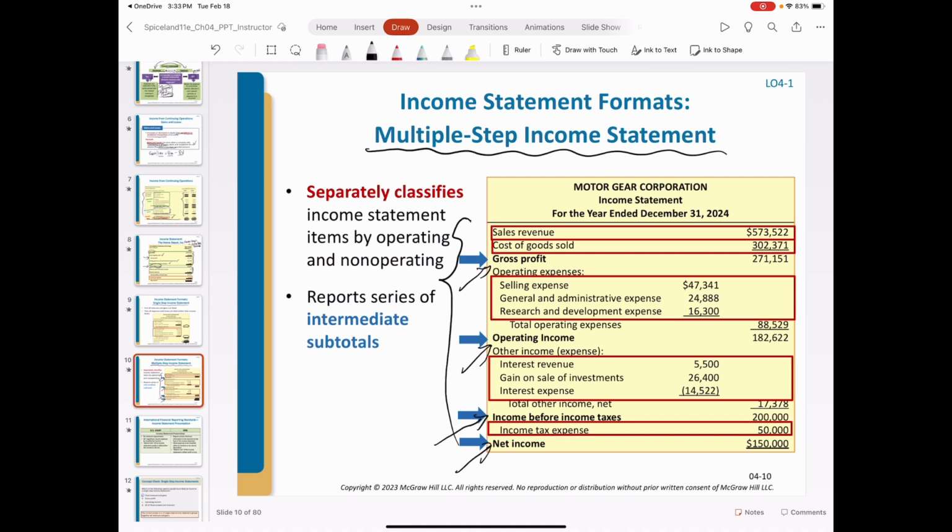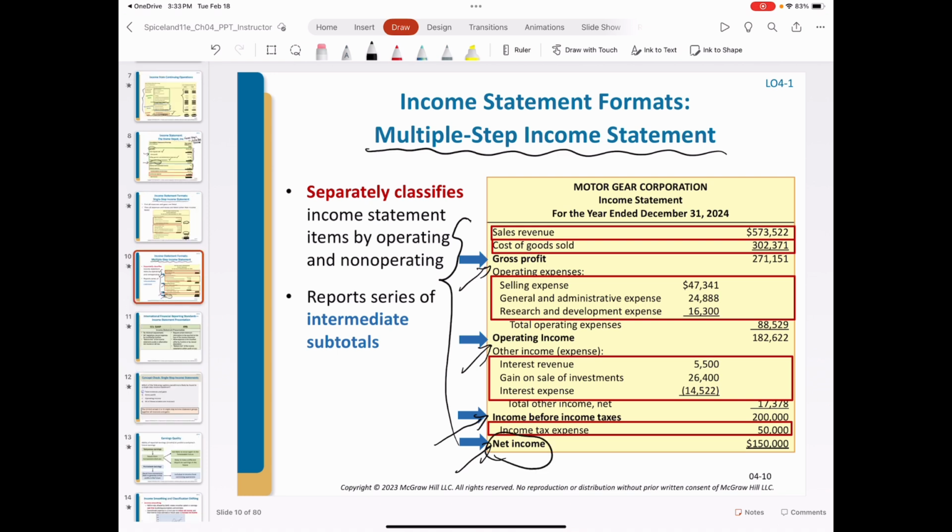The single step, you just have one, the bottom line. With different intermediate components, we can construct different financial ratios, representing different aspects of its financial performance.